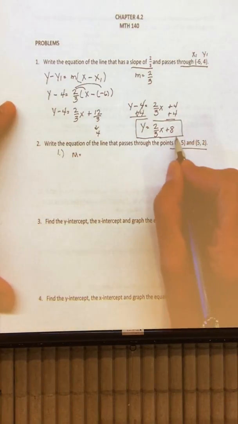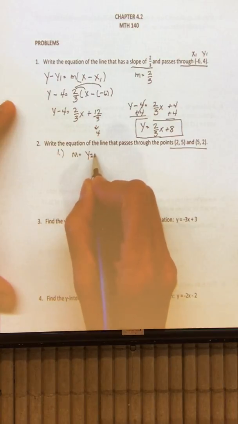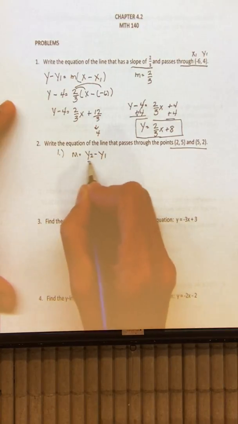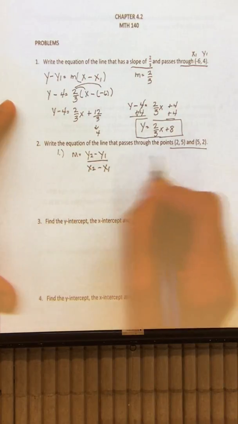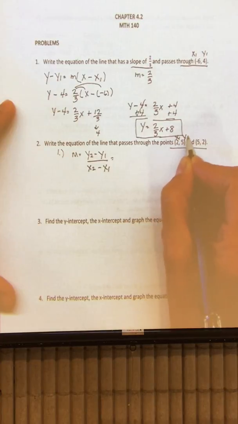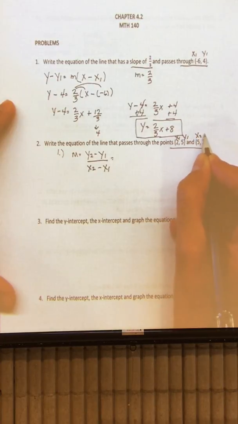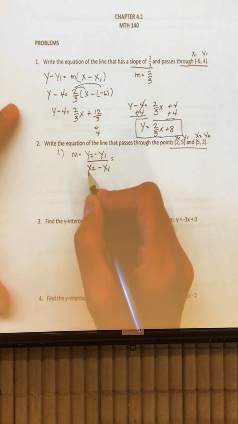of those points. Your slope formula is y2 minus y1 over x2 minus x1. So we can name them x1, y1, x2, y2. Now we substitute the points into the equation.